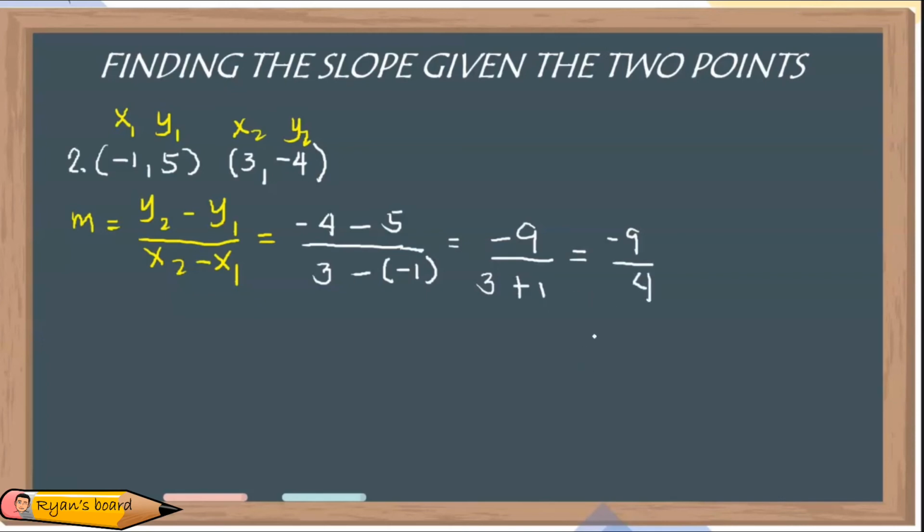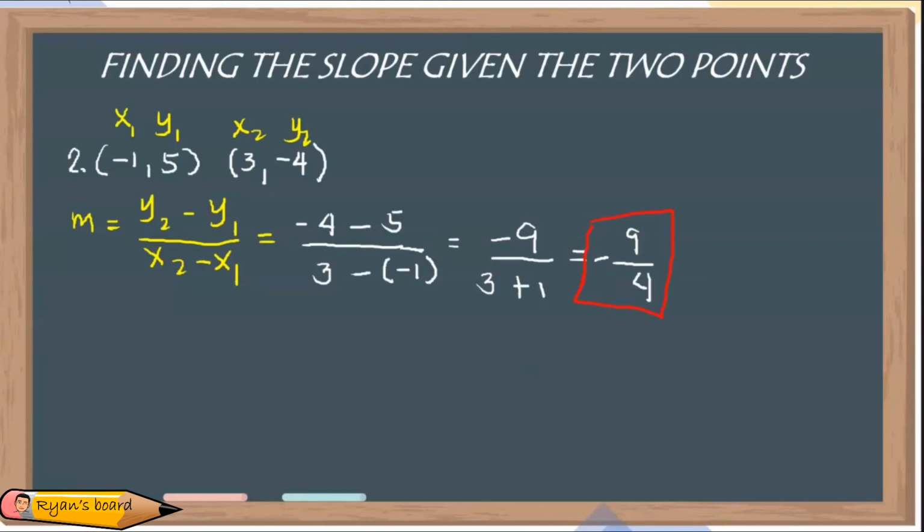Okay? So, pwede na yan, no? Huwag na nating i-mix number. Now, you can write negative sa gitna. Okay? Or kung gusto mo naman, dyan na lang sa taas, wala namang problema. They are equal. So, our slope is negative 9 over 4.